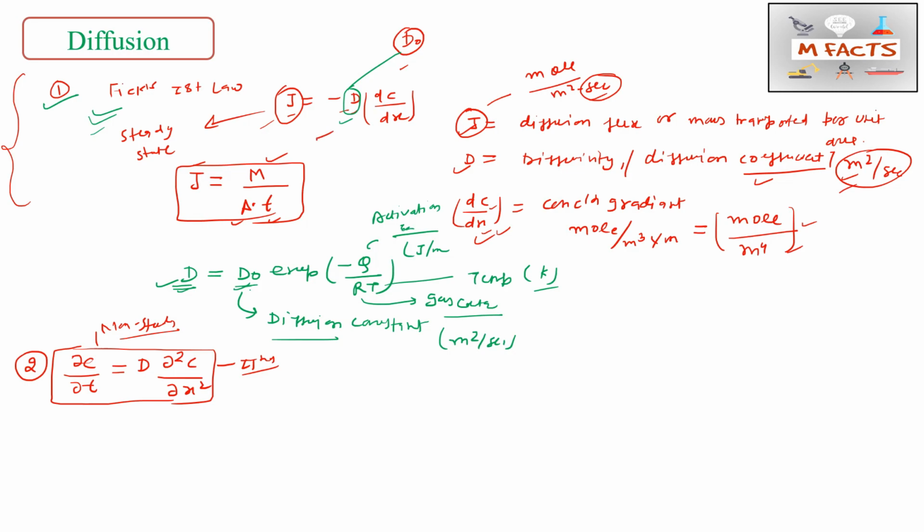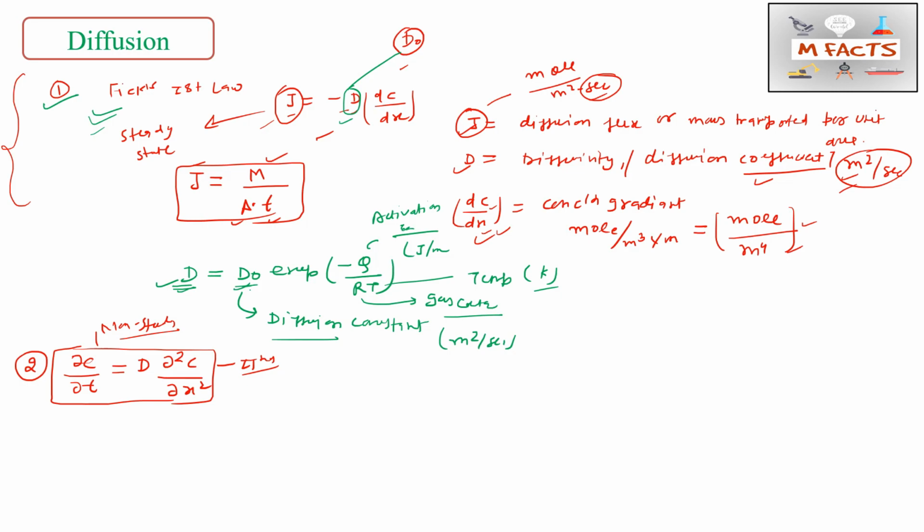Now we can use Fick's second law in many applications like corrosion resistance of duralumin alloys, carburizing, decarburizing, and also doping of semiconductors.